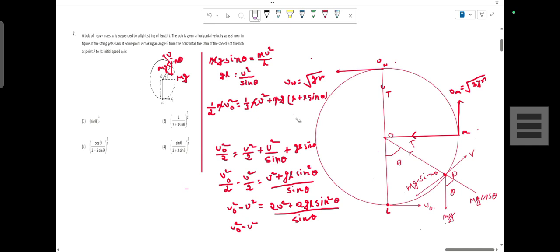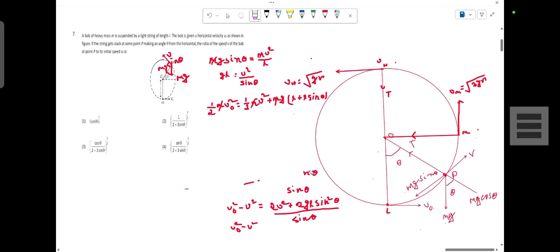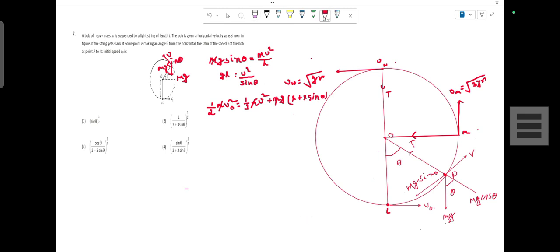I have clearly done a mistake for this situation. I have to put the value of v square.